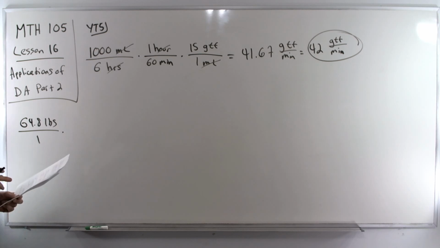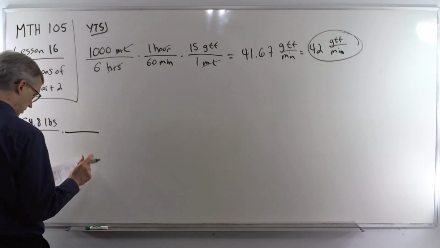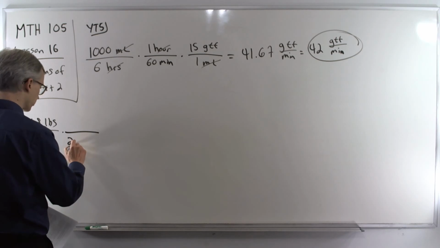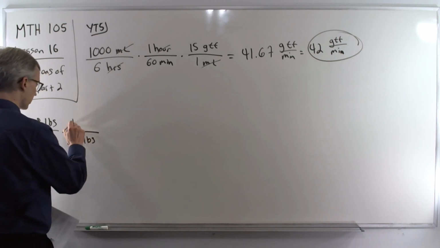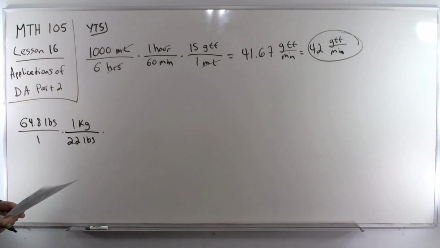Now, the dosage is given in kilograms. So the first thing we need to do is convert pounds to kilograms, and we can use the conversion factor 2.2 pounds in 1 kilogram. And then the other conversion factor is given in the problem.